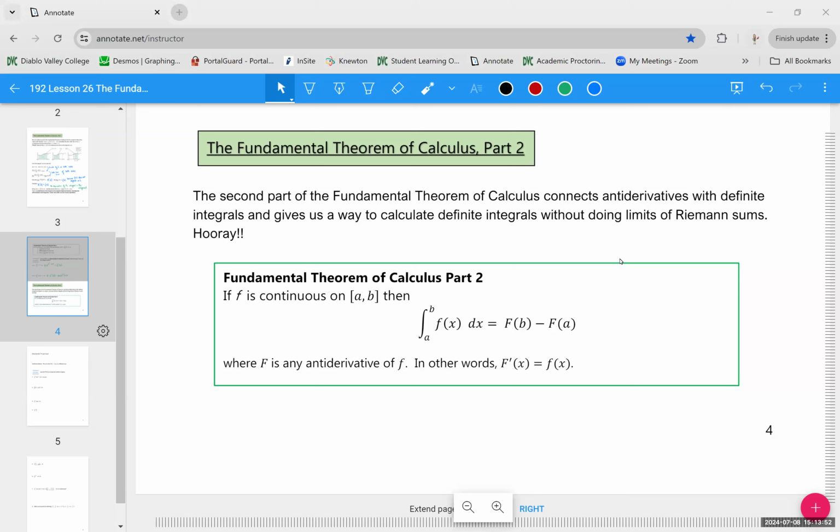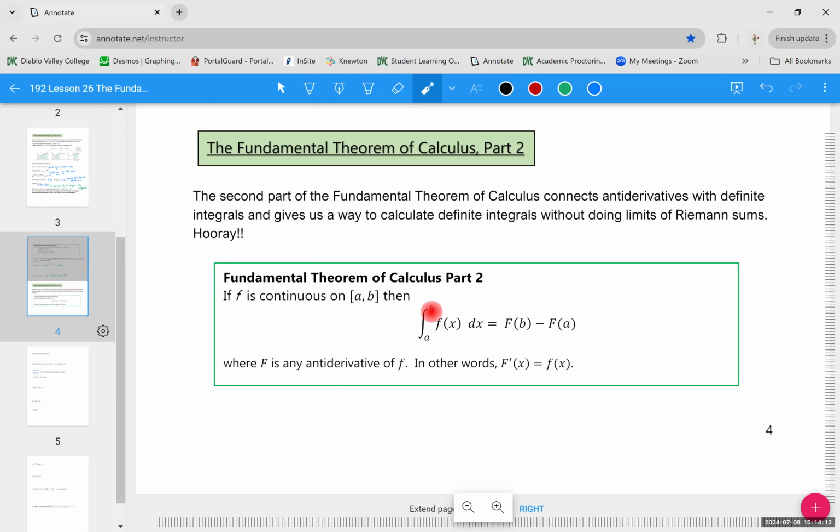Okay, so the Fundamental Theorem of Calculus Part 2 tells us, as long as you start with a continuous function on the interval of integration, then when you do the definite integral from a to b of a function, that will equal, and what's this capital F?